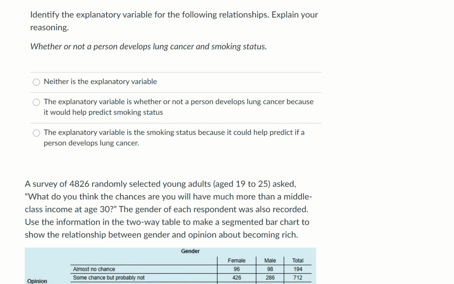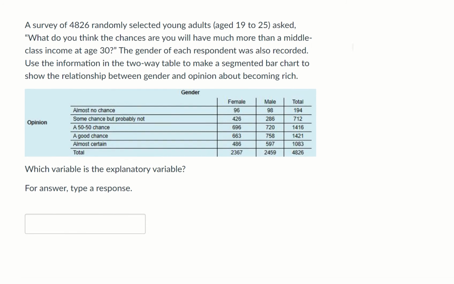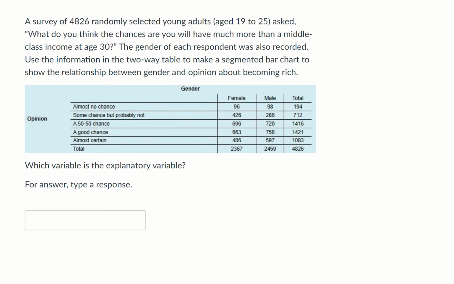And so we could say that the smoking status affects the probability of developing lung cancer. So the smoking status is the explanatory variable, because it could help predict if a person develops lung cancer. All right, a survey.